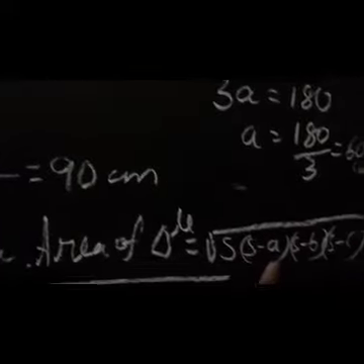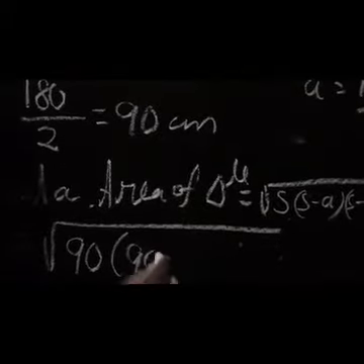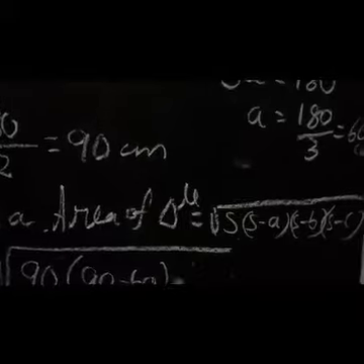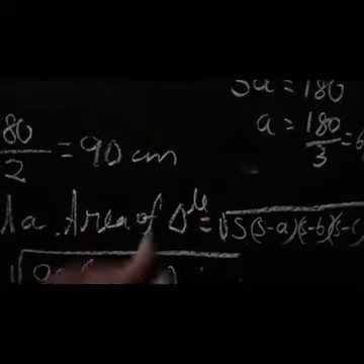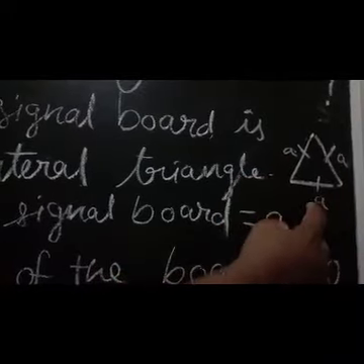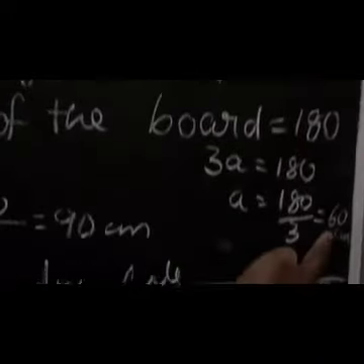Then s minus a is 90 minus 60. Again s minus b also, because all the three sides are equal. a, b, c, all are a only. a is 60 centimeter.